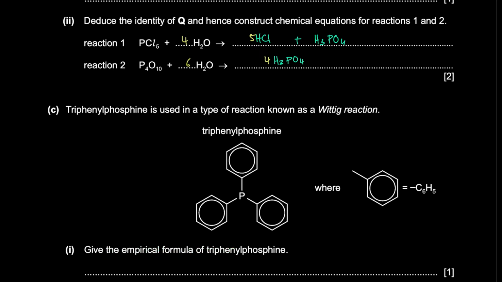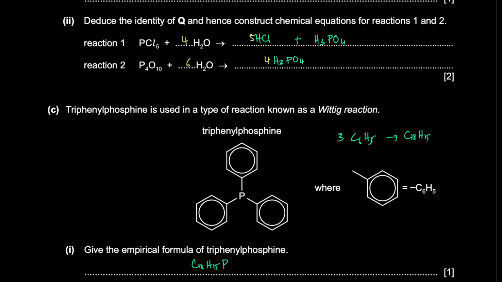Give the empirical formula of triphenylphosphine. So here we have 3 of these C6H5 rings. So that would be C18H15, right? And then we have a P over here. So what we have is C18H15P. That's the empirical formula.